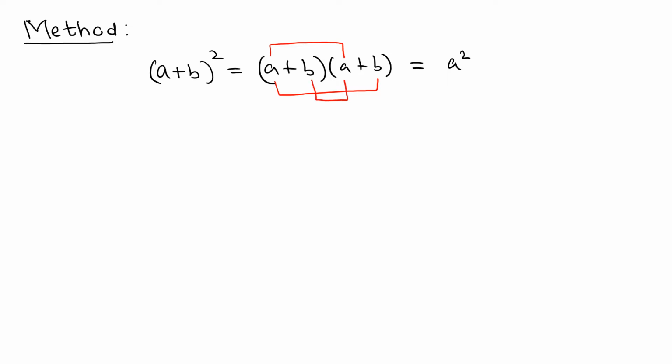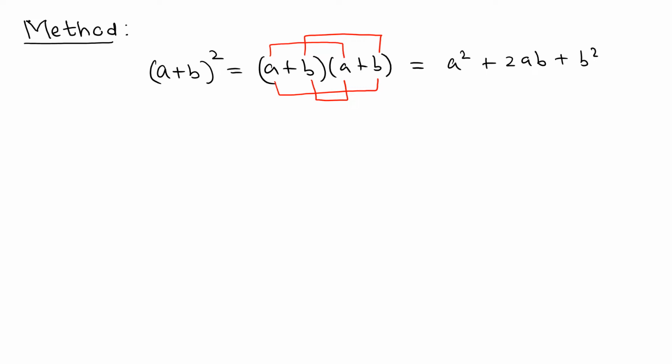So that means you're gonna get the ab term twice, so you're gonna get twice ab, and then finally we're gonna multiply these two terms, so you're gonna get b squared. So that is the famous identity for the sum squared.